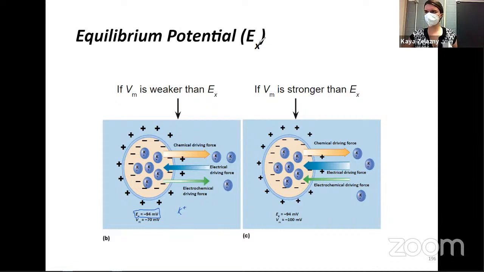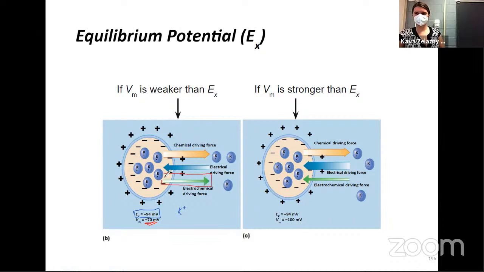Okay, we're starting at negative 70. Now it says it on the slide, but what would you have to do with a positive ion to get from negative 70 to negative 94? Would you have to put more positive ions into the cell or out of the cell? Yeah, they have to go out, right?